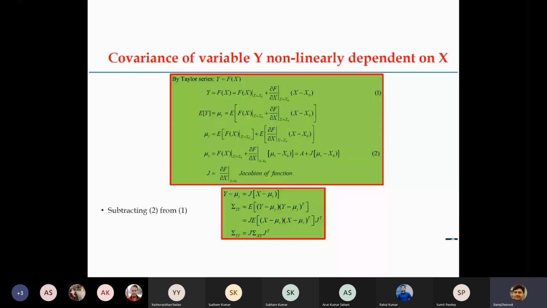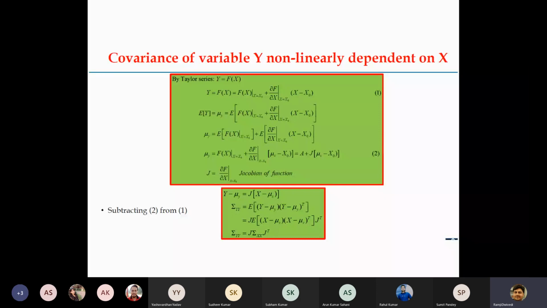See, I'm not specifying how many variables x has. It could be n, it could be k, it could be p, it could be t, it could be anything. Obviously, the moment you say x naught, it would be of the same dimension, isn't it? So if your x has n variables, your x naught would also have n variables. So y is equal to f(x) means a non-linear function with n number of x variables.